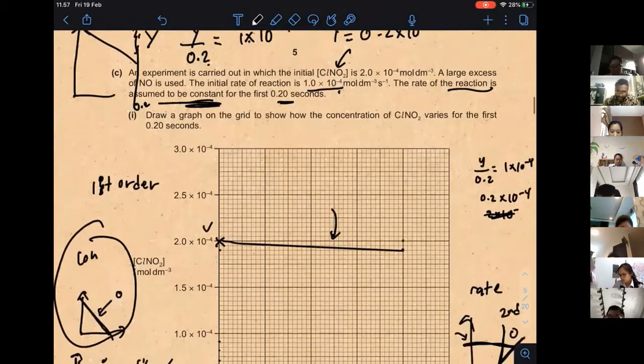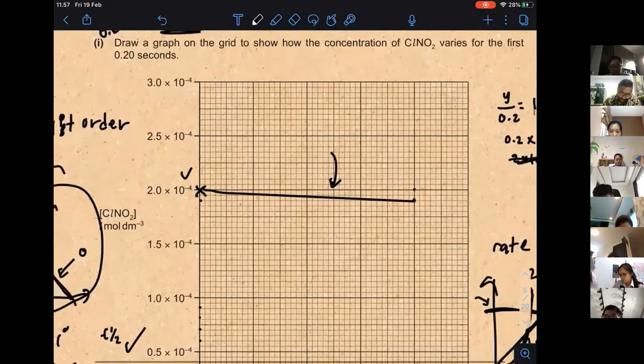If you look at the graph again, you can see here this is going to be 2.6, 2.7, 2.8, 2.9, then after that 3.